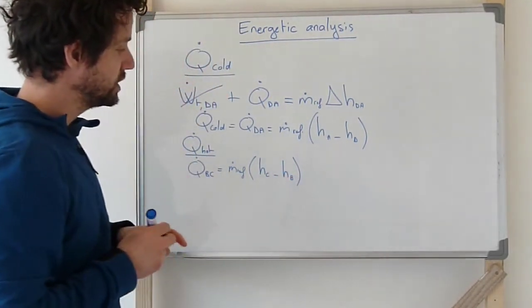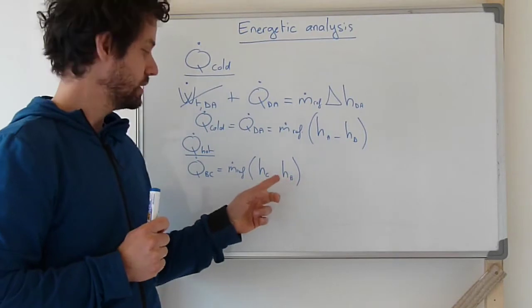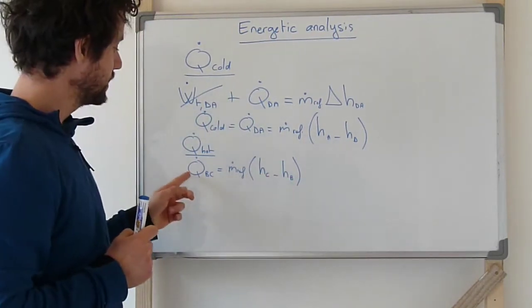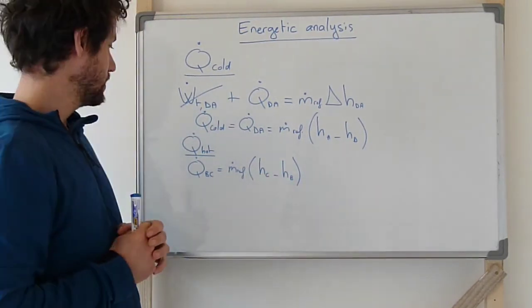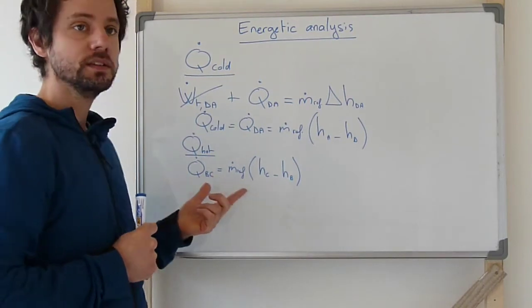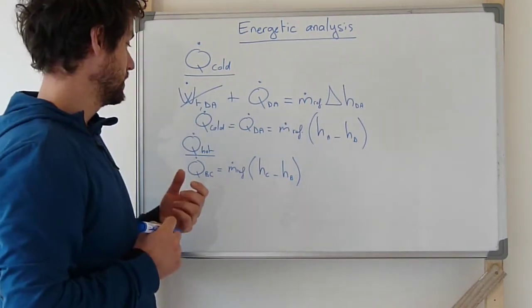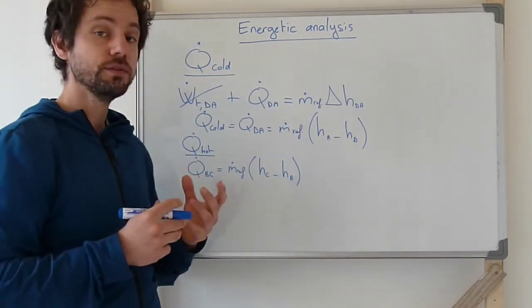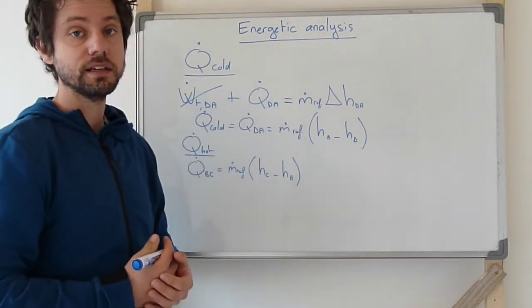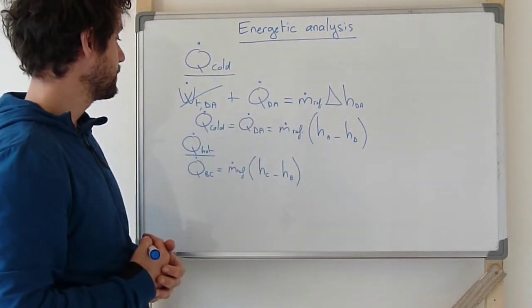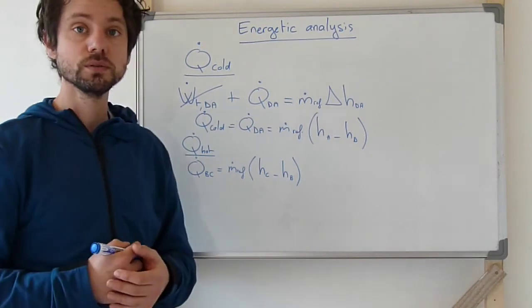This time HB is much bigger than HC, so we have a negative value for Q_BC because the working fluid is giving heat this time to the hot source.